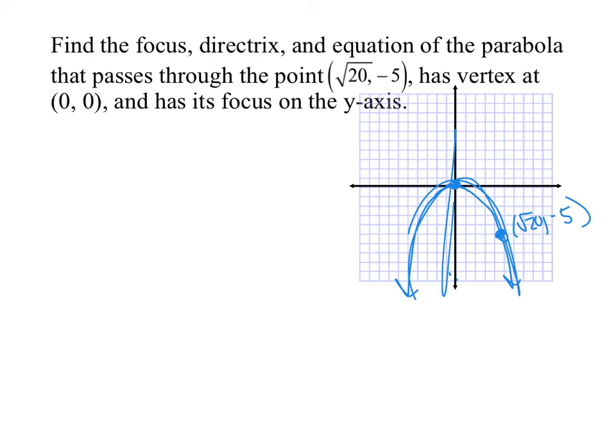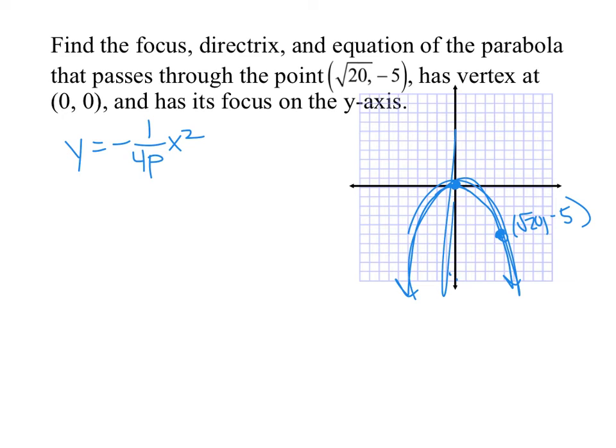So since we know that, we're going to be dealing with y equals -1 over 4p x squared. That's what it looks like if it's opening down. So we need to find the focus and the directrix, and we already kind of found the equation. In order to finalize that, we need to find p.